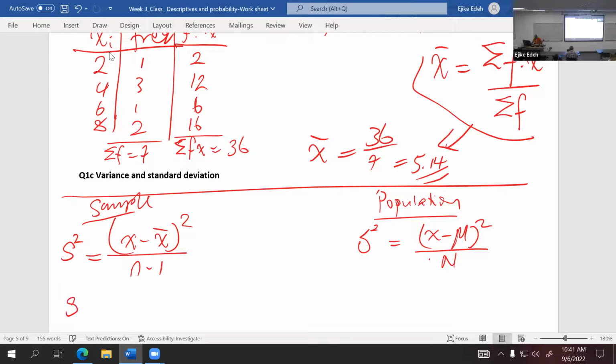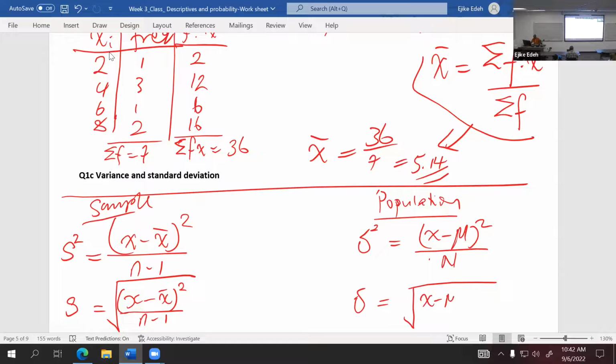The standard deviation for the sample is given as S, and it's just the square root of the variance. So we could do x minus x bar all squared divided by n minus 1, and we're taking the square root. And the population standard deviation is given as the square root of the population variance.